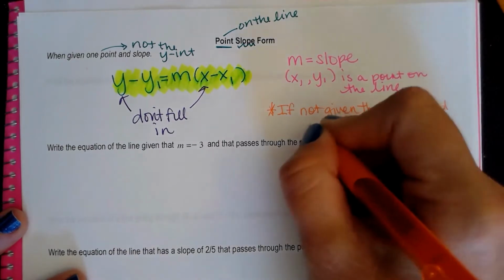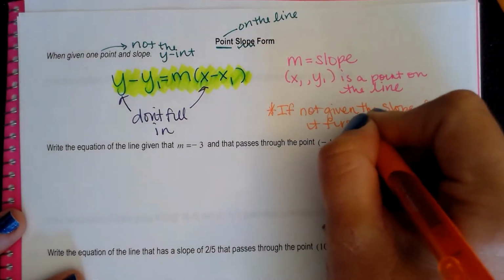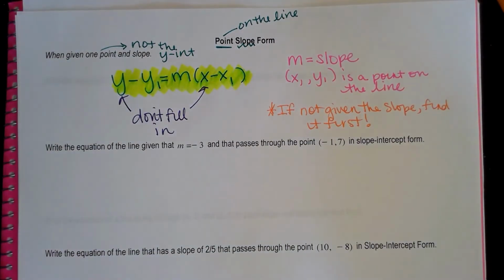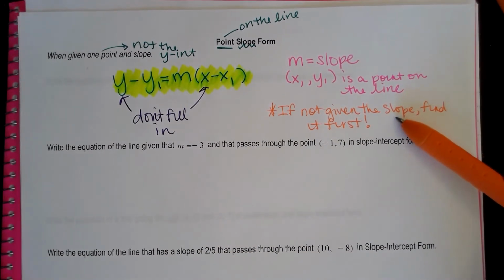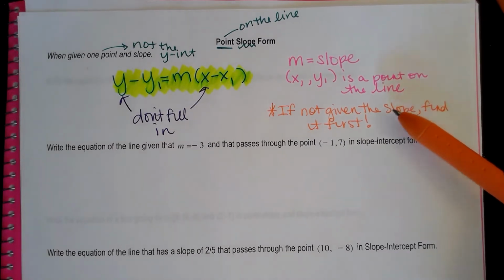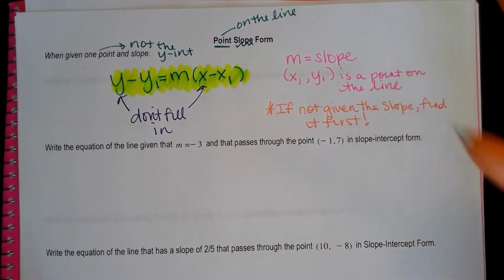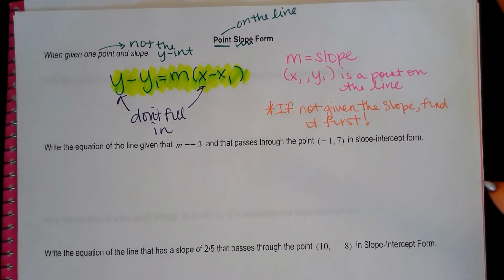We can find it first, because before we even started learning about these equations, like before we even learned about slope intercept form, the very first thing we learned was how to find slope if we were given 2 points. So if they give me 2 ordered pairs, I can find the slope from those 2 ordered pairs, and then I still have a slope and a point because I was given 2 ordered pairs, which are 2 points. Okay, so we'll look at that in just a second.